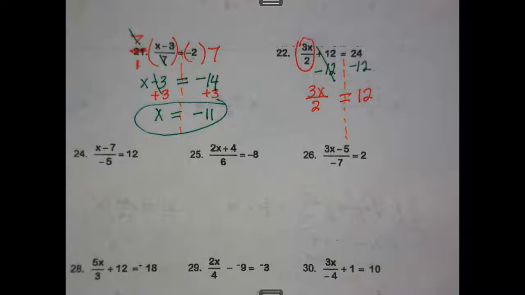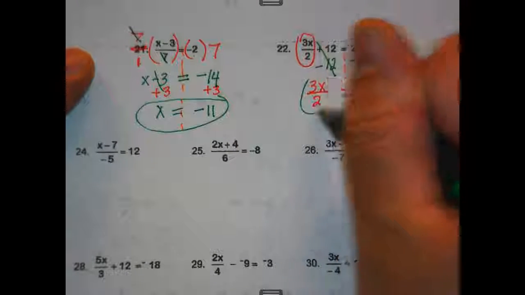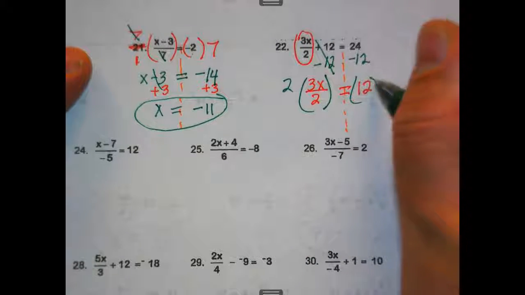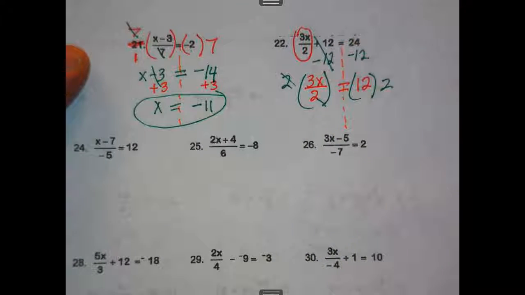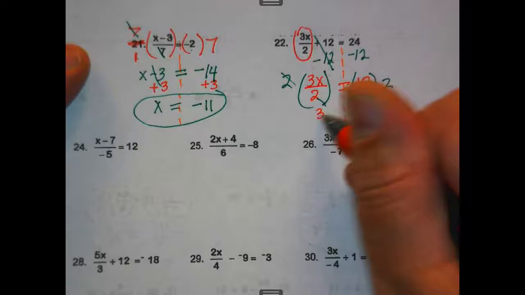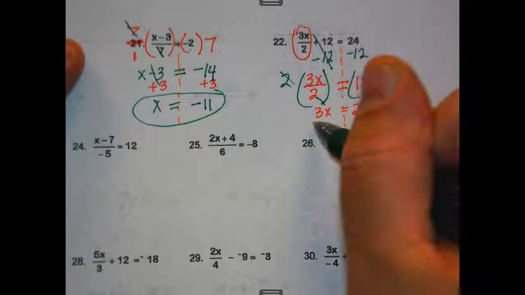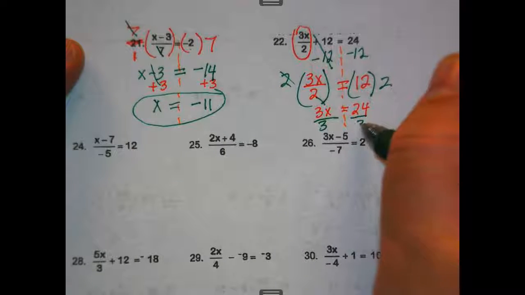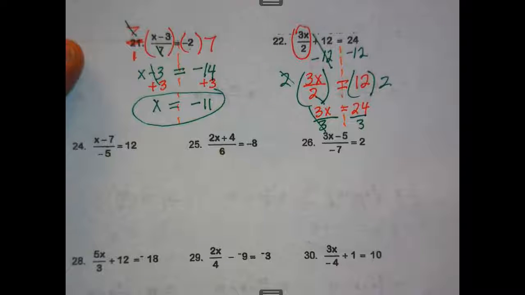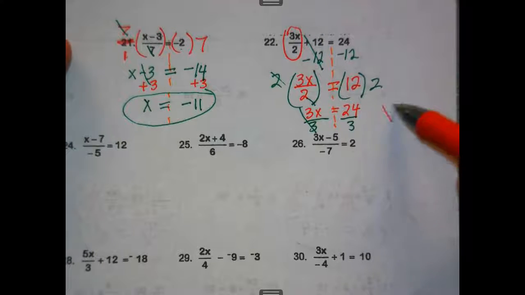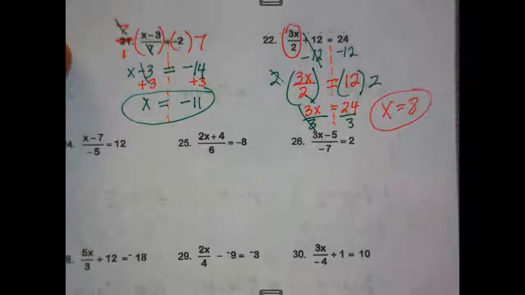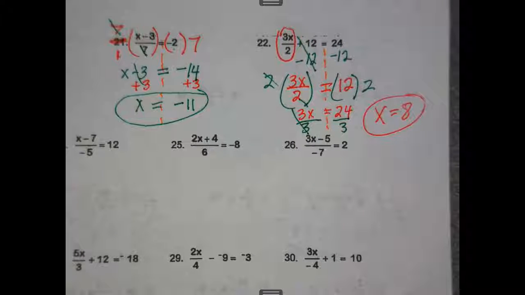I can multiply by the reciprocal 2/3, or I can just multiply out the denominator, which is 2. My 2's cancel here. I get 3x equals 24. Then divide by 3, and I get x equals 8. Any questions?